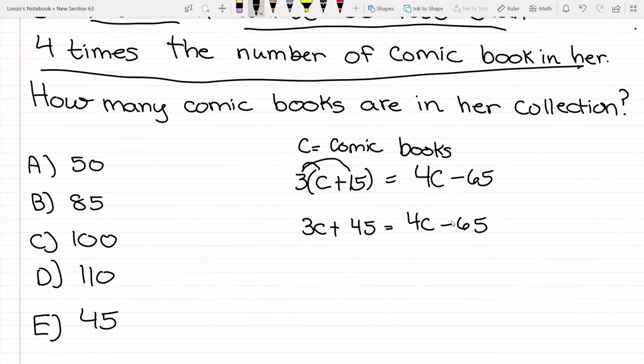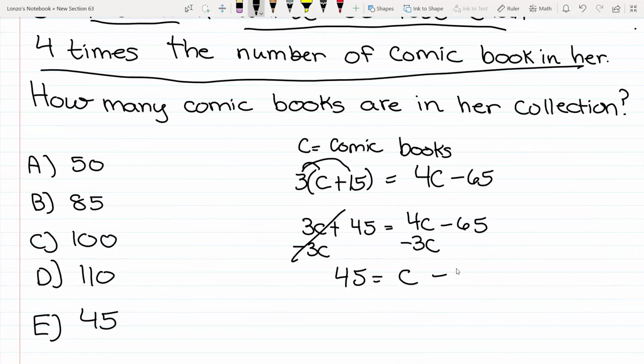Okay, so now what we're going to do is solve for C. So what can I do? I should get all the C's on one side. So maybe I could move this 3C to the right. You could also move the 4C to the left. That's perfectly fine. So this cancels and you're left with 45 equals, what's 4C minus 3C? 1C.